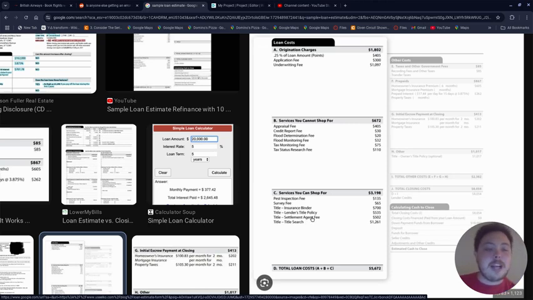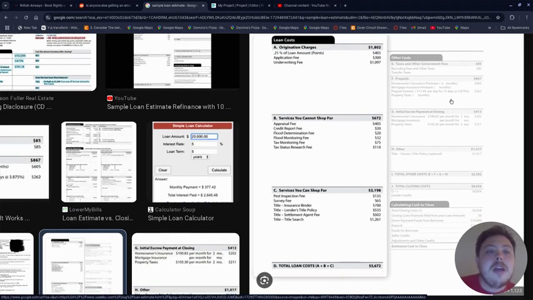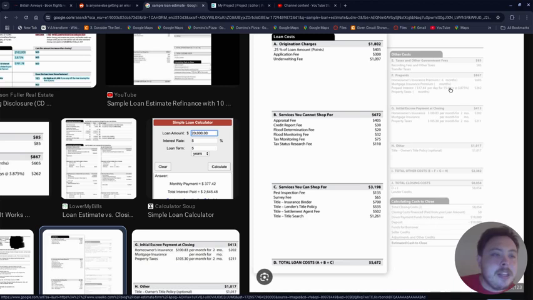So you're kind of out of luck with the title-based services, because it's going to be whatever title company they pick, most likely, if you're the one buying the house. But if you're refinancing, then the title company can be up to you. So taxes and other government fees are going to be standard across the board. So that's going to be all the same.